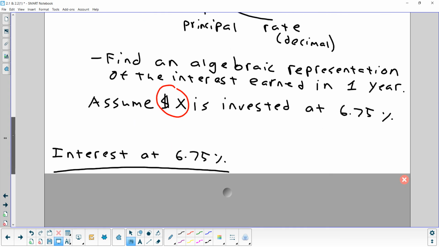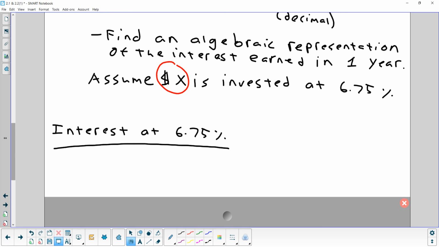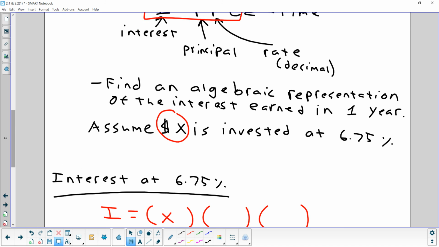So let's start out by finding how much interest Bill earns at 6.75%. Interest equals principal times rate times time. Michael just said this is my principal. That's how much money is being invested at 6.75%. How about my rate? I know it's 6.75%, but how would I write that in my formula?